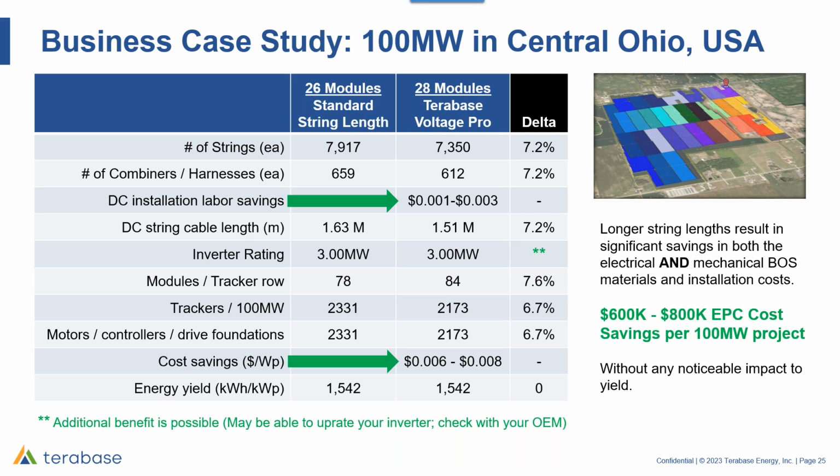And the best part is, as long as you are able to maintain the same GCR on your site, you won't notice any meaningful impact to your energy yield, which means these cost savings will flow right to your LCOE and will have a net positive impact on your IRR. In summary, you can save between $600,000 to $800,000 on a 100 megawatt power plant by increasing your module strings by 2 modules. So let's move on to our next slide.